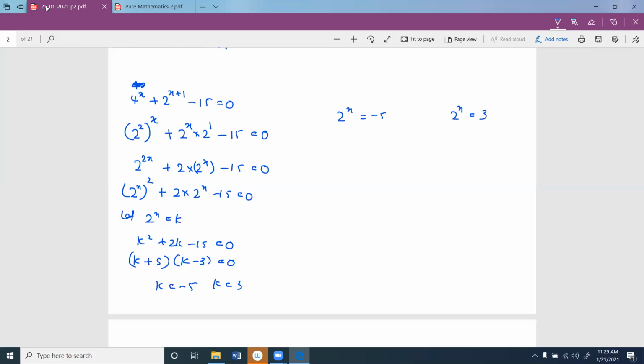So let's do this question. Let's take the logarithm base 10 for both sides. Log 10 of minus 5: x times log 10 of 2 equals log 10 of minus 5. This does not exist. You cannot get a logarithm of a negative number, so this won't be there. We have to proceed from here.